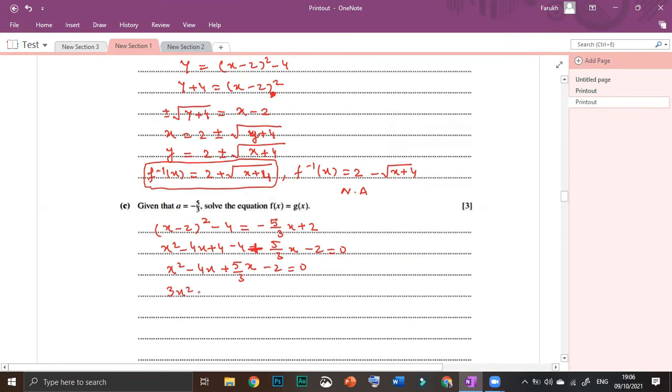We will multiply all the terms with 3. The simplified quadratic equation is 3x square minus 7x minus 6 equal to 0. We will factorize this one with the help of middle term breaking.